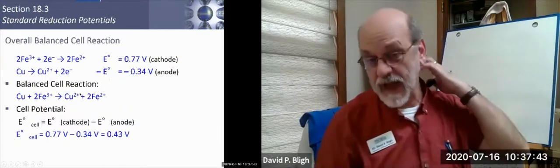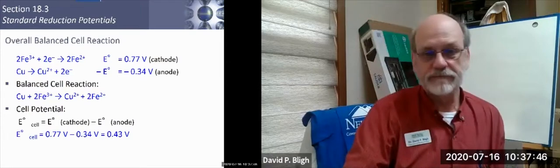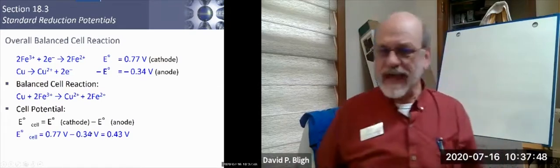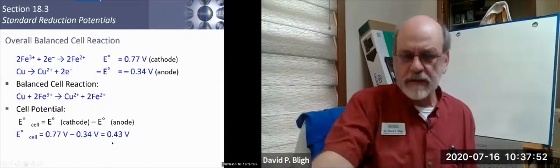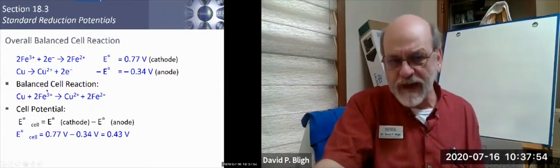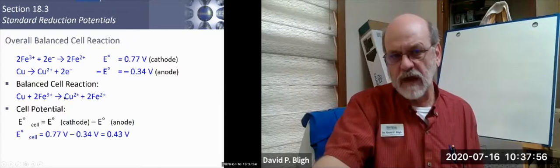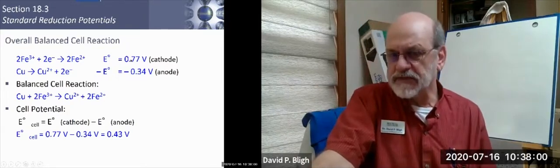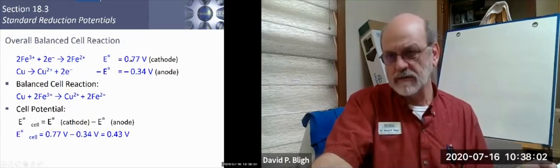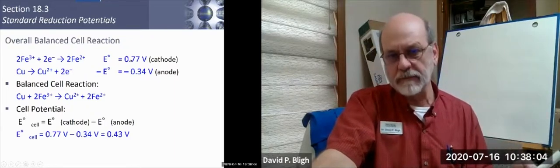Okay, that's the way I approach it. And under standard conditions, the voltage will be 0.43 no matter what you do to balance the equations. If you multiply times 2, the standard potential does not change. It's an intensity property.